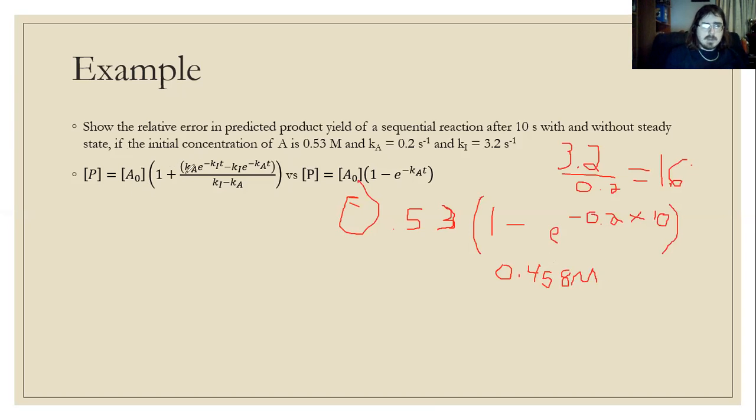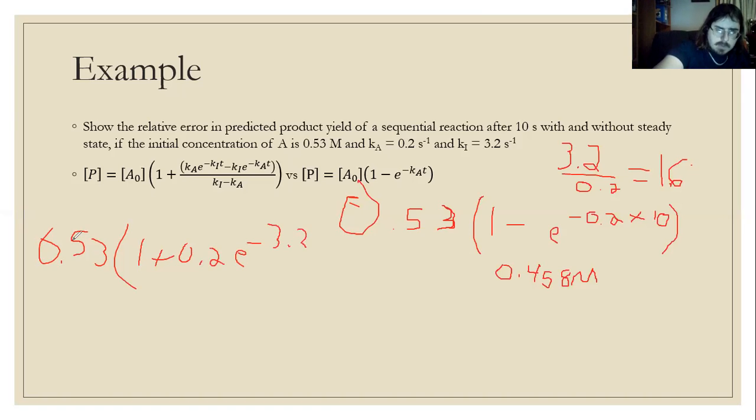Now let's look at the same thing without the steady state. A lot messier. Start with 0.53 times 1 plus 0.2 E to the negative 3.2 times 10 minus 3.2 E to the negative 0.2 times 10.